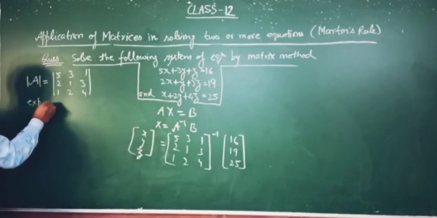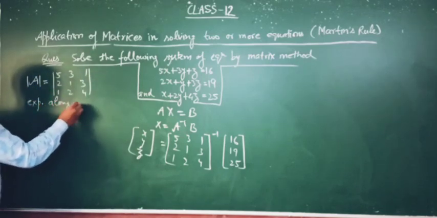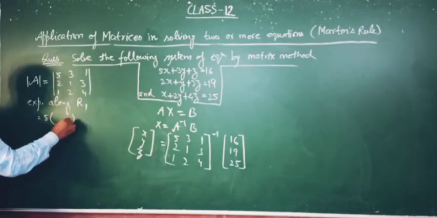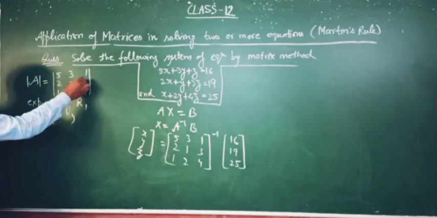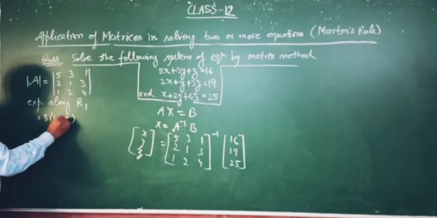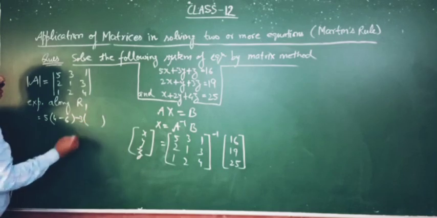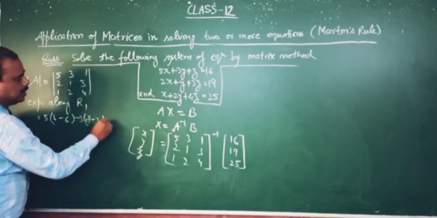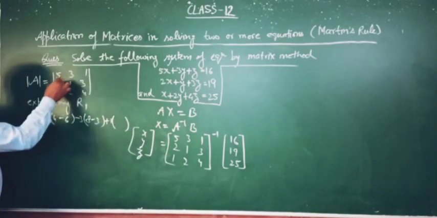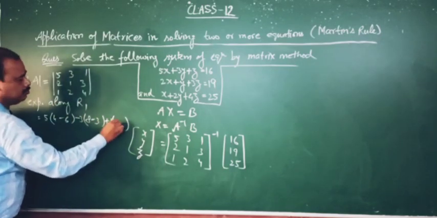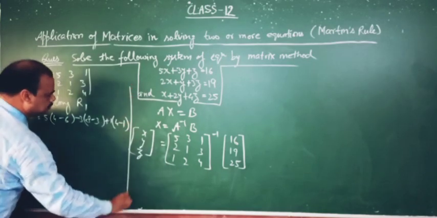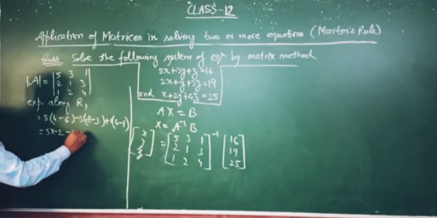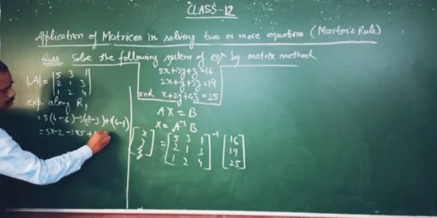Expanding along R1: 5 into (4 minus 6), minus 3 into (8 minus 3), plus 1 into (2 times 4 minus 1). 5 into negative 2, minus 3 into 5, plus 1 into 3.